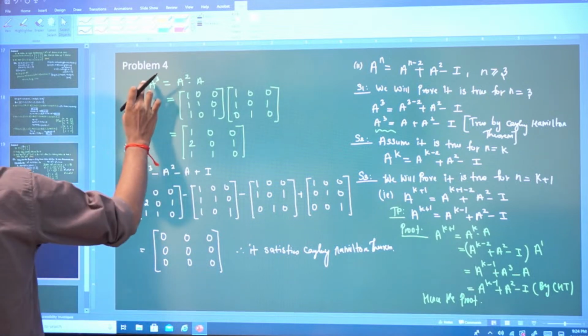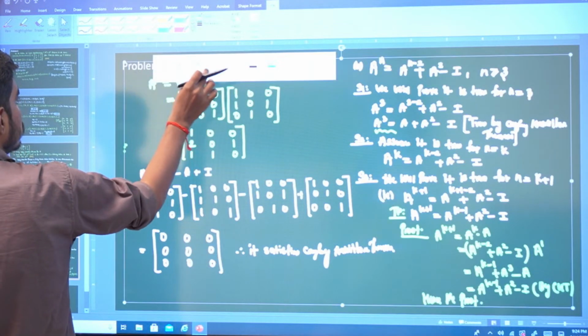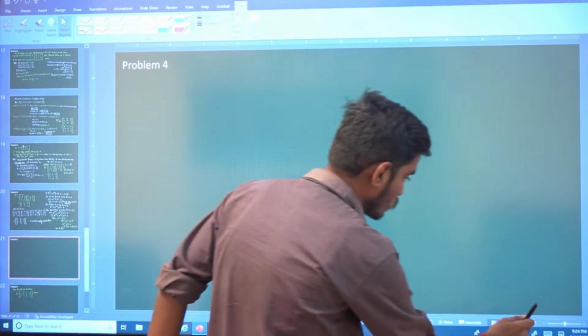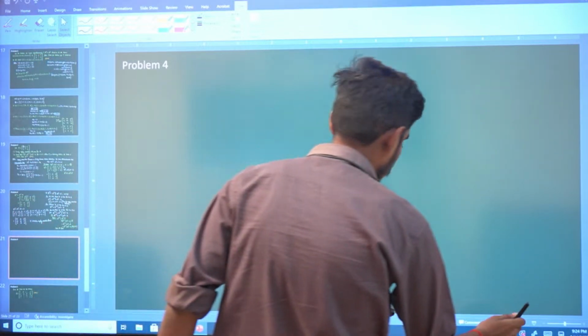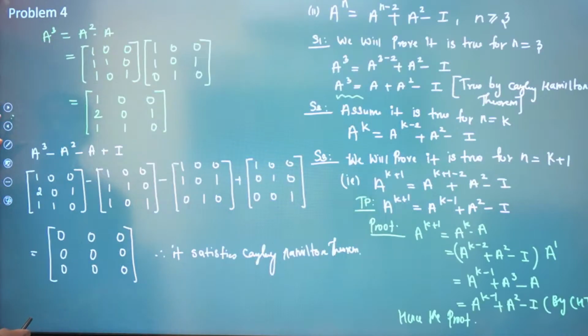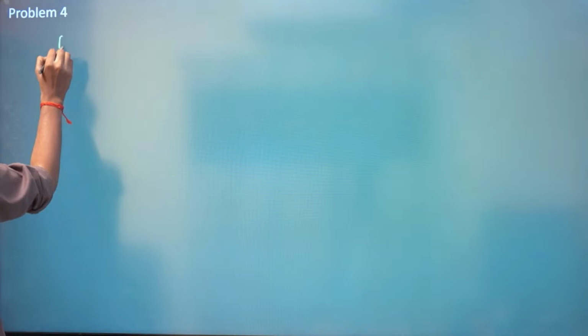We will find the value of a power 40 also. What we need to do is find the value of a power 40. It is not possible to multiply a 40 times. So we will try to find some relation.